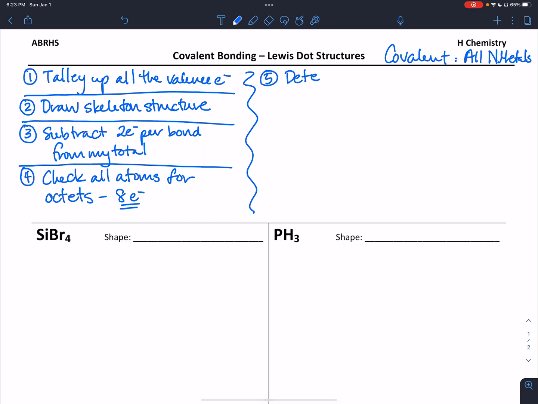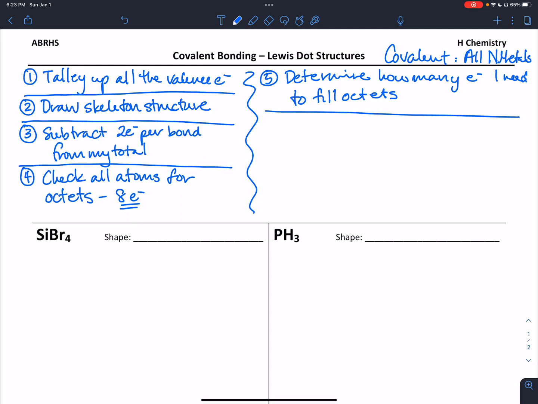I determine how many electrons I need to fill octets. So I look at what I have and I look at what I need and I make a determination. Do I have enough?